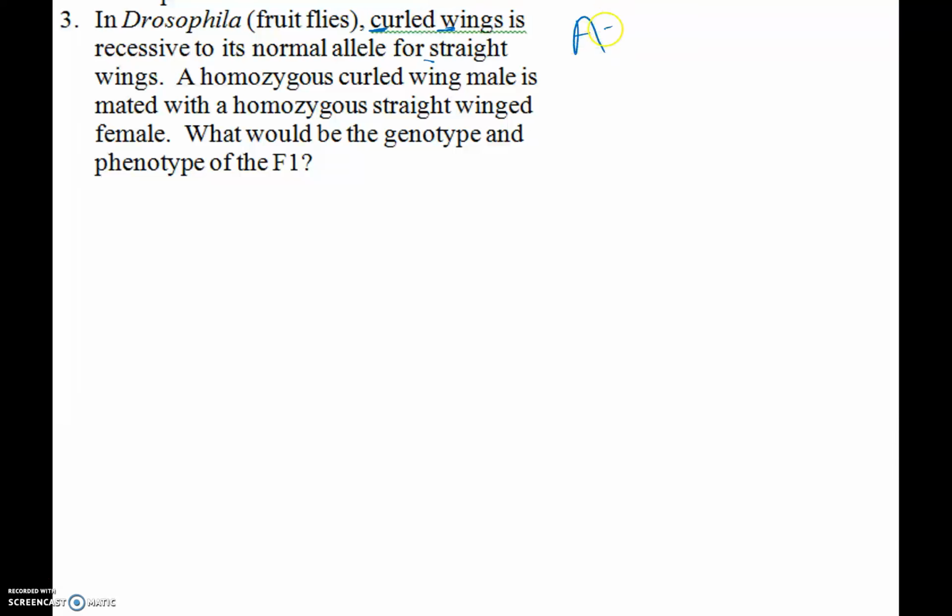So here, if I say the dominant is the normal allele for straight wings, that is what's dominant, and curled wings is recessive. Okay, so a homozygous curled, oopsie, I almost did a C. A homozygous curled wing male is mated with a homozygous straight-winged female.